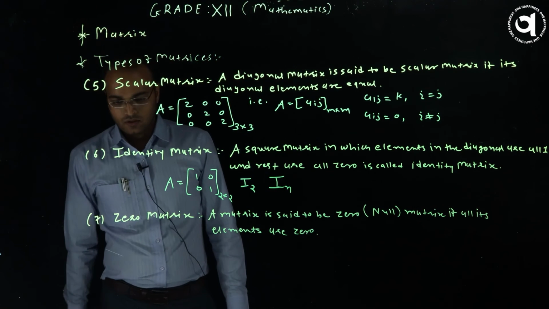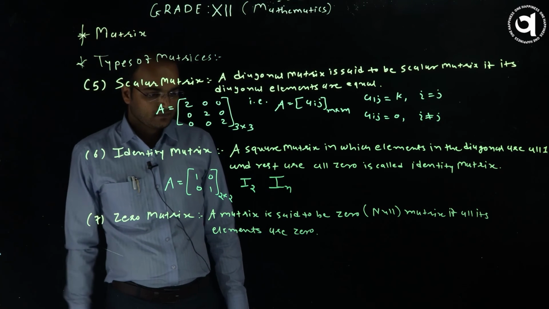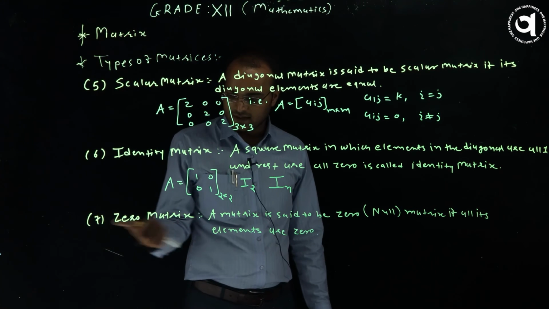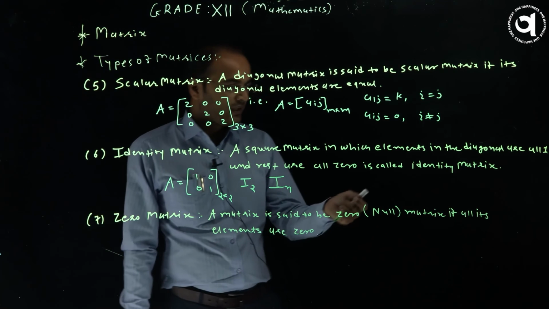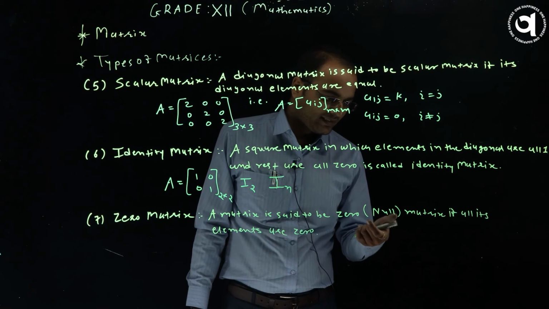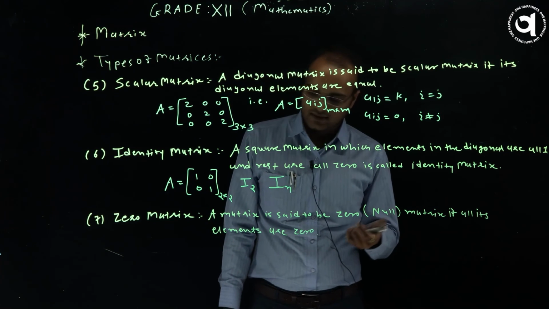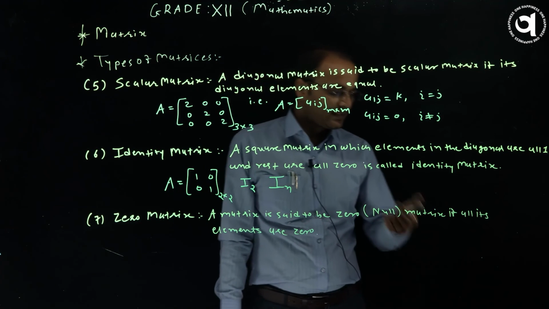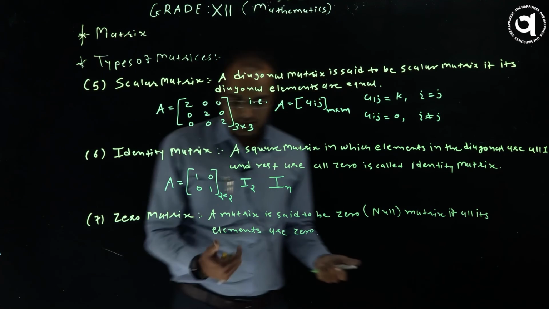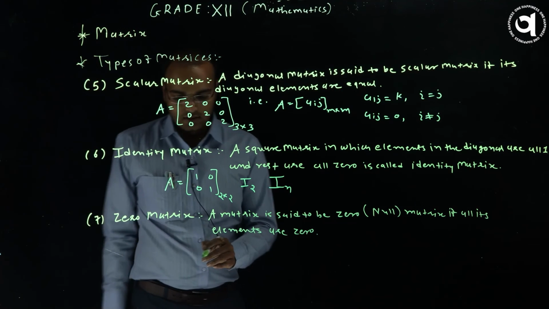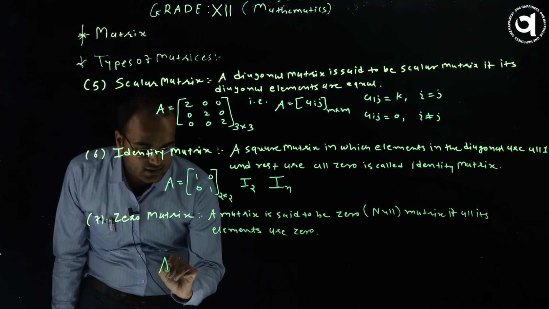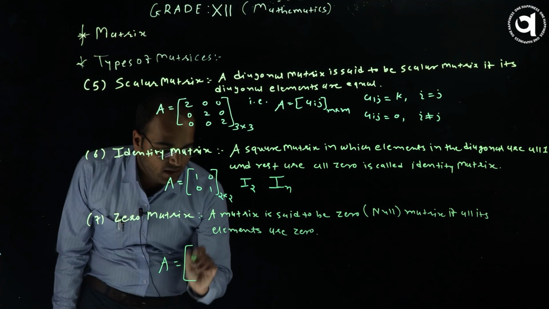And now the last one is the zero matrix. By the name, a matrix is said to be zero, or another name is null matrix. In set theory we discussed the null set. A matrix is said to be zero if all its elements are 0. A matrix having all elements 0 is called a zero matrix.